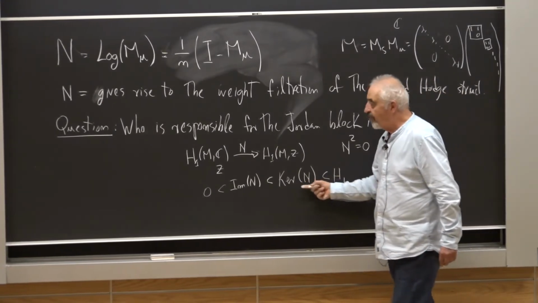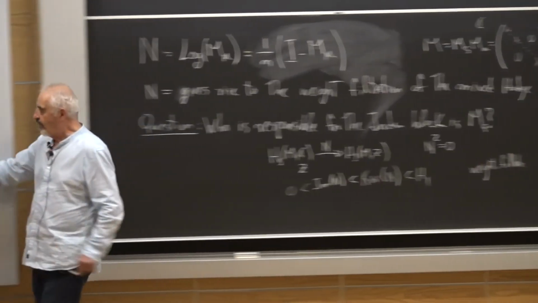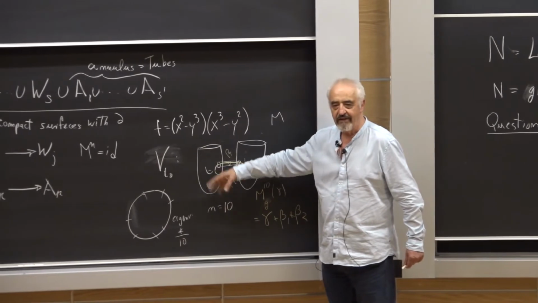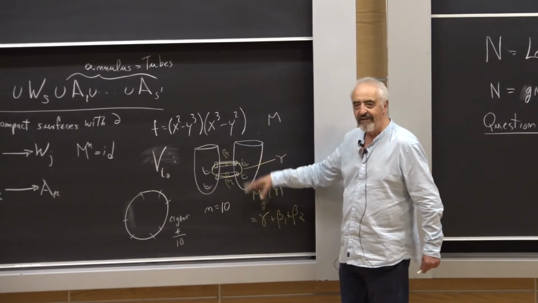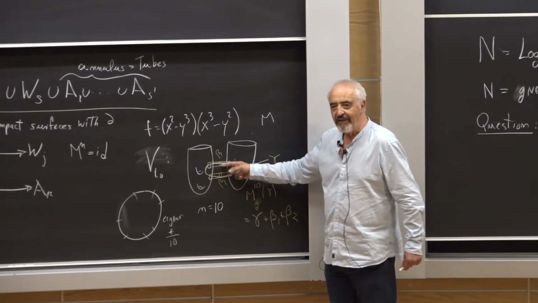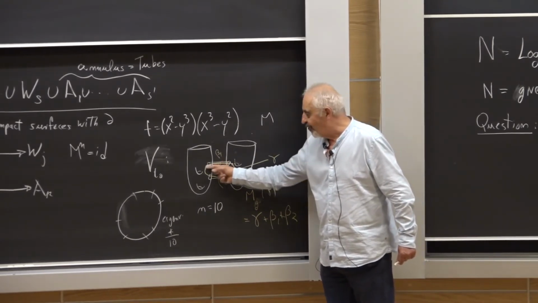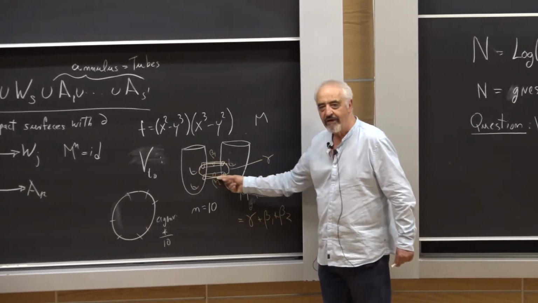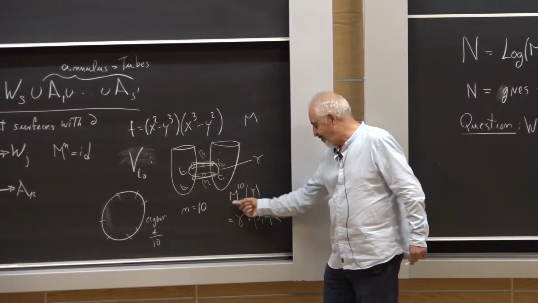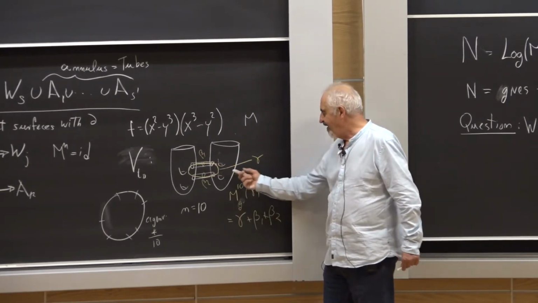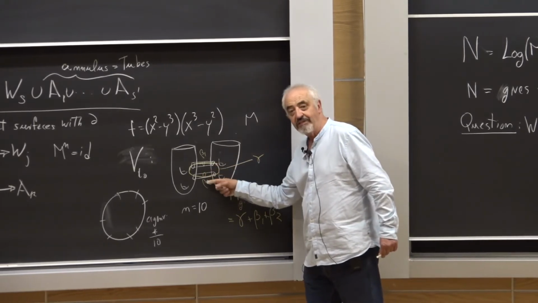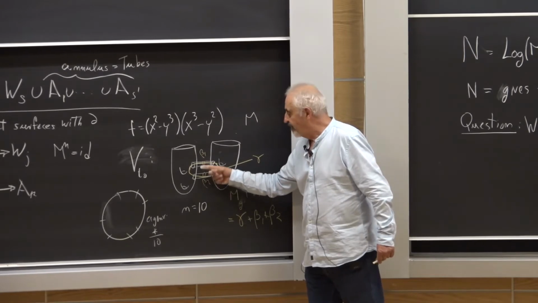So the kernel of N: everything which is in homology in this piece will be in the kernel of N. Everything which is here will be in the kernel of N. This one over here is going to be in the kernel of N. The one which is not going to be in the kernel of N is this one, because if I apply the monodromy raised to the 10th power, it gives me the same gamma, but with a Dehn twist over each one of these tubes.